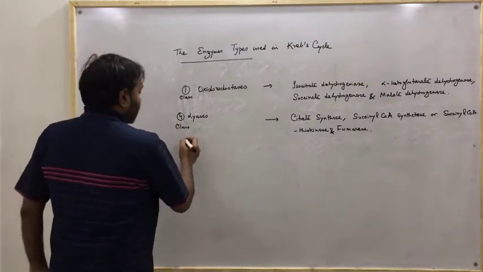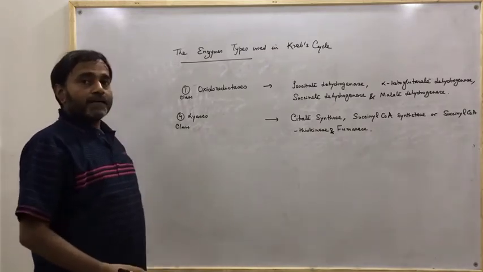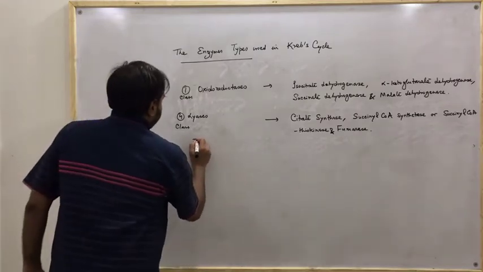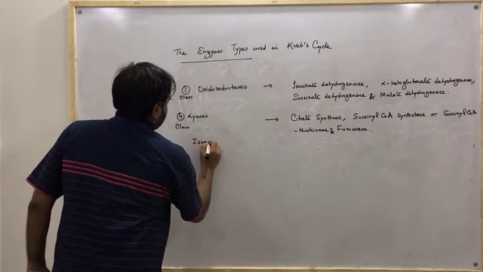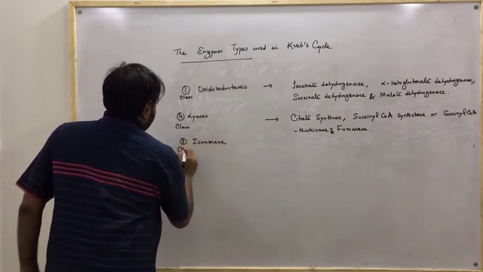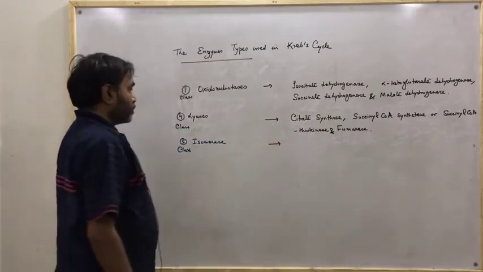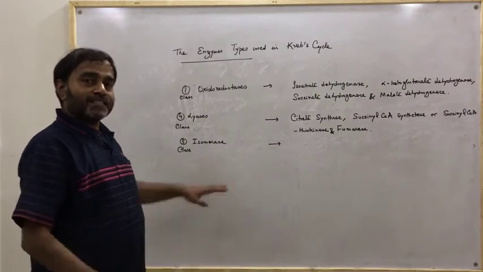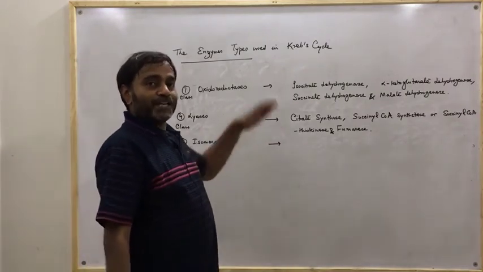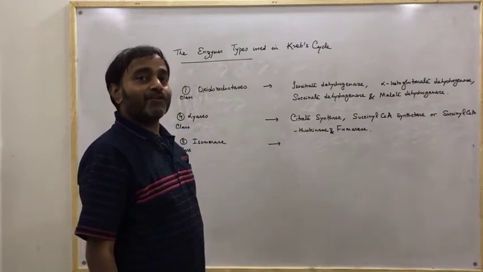Now, what other enzymes play their role in the Krebs cycle? Those are isomerases, which belong to the fifth class. Which enzyme comes under this category? You might have seen the enzyme which plays its role initially in the Krebs cycle or citric acid cycle, and that is aconitase.